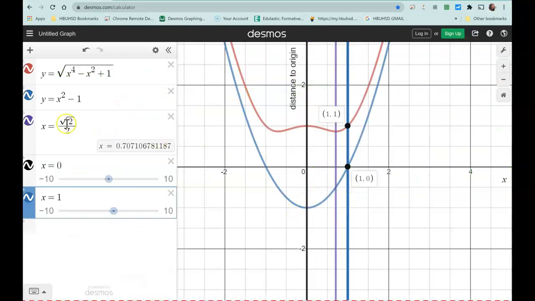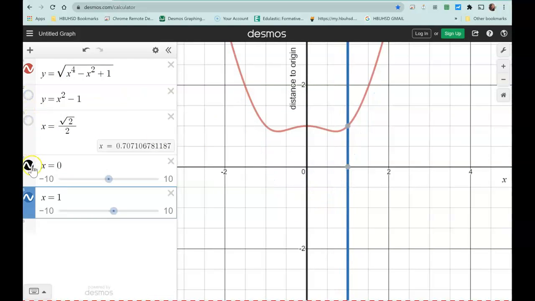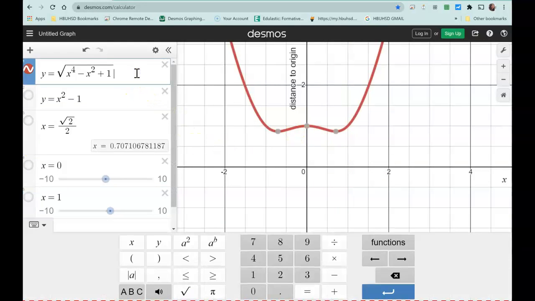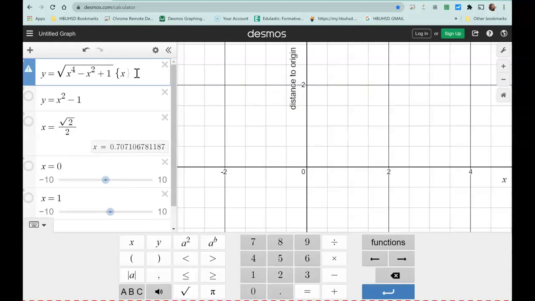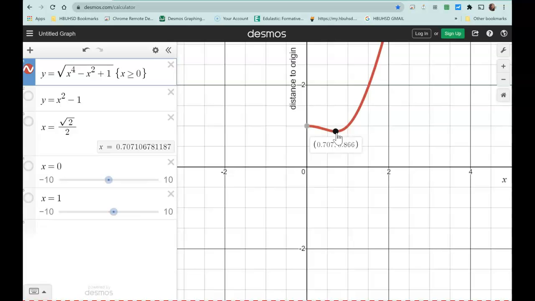Okay, so d is a minimum when x is bigger than 0. So I'm going to restrict this. X is bigger than or equal to 0. Okay, so that means I only have half of this, okay? So there is the lowest point of the curve, okay? So the lowest point of the curve is 0.866 when x is 0.707.